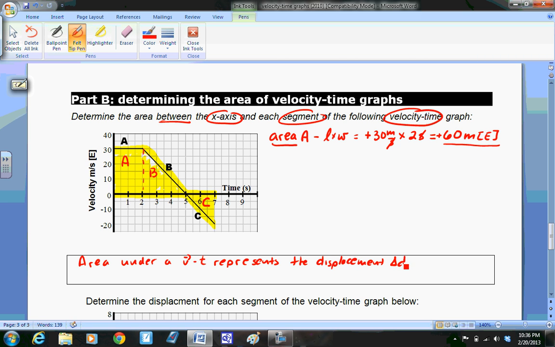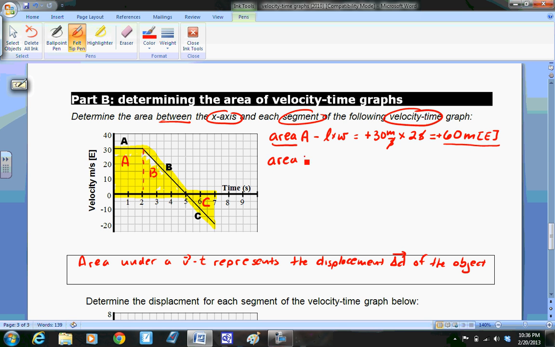Remember the displacement symbol, change in position of the object. So we found that during this first section here, the object had a velocity of 30 meters per second east, and over 2 seconds, it traveled a total displacement of 60 meters to the east. Kind of makes sense. Well, let's look at area B.